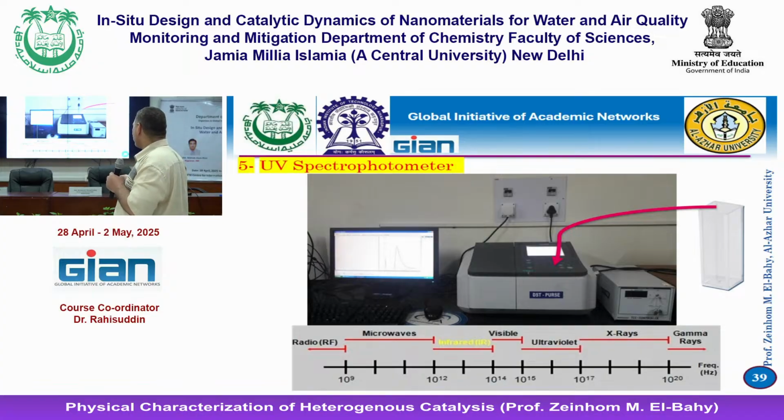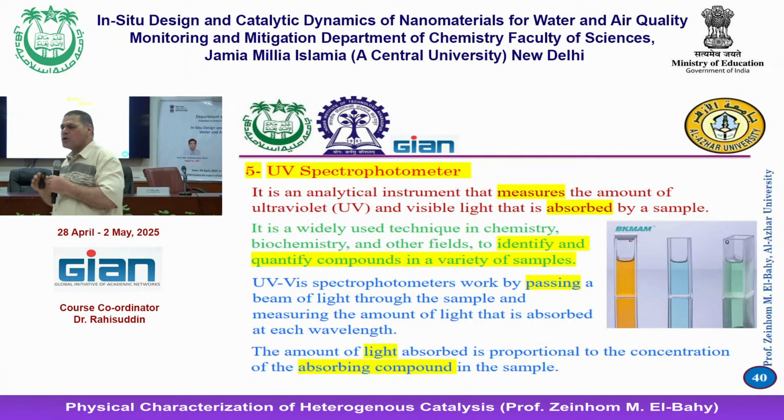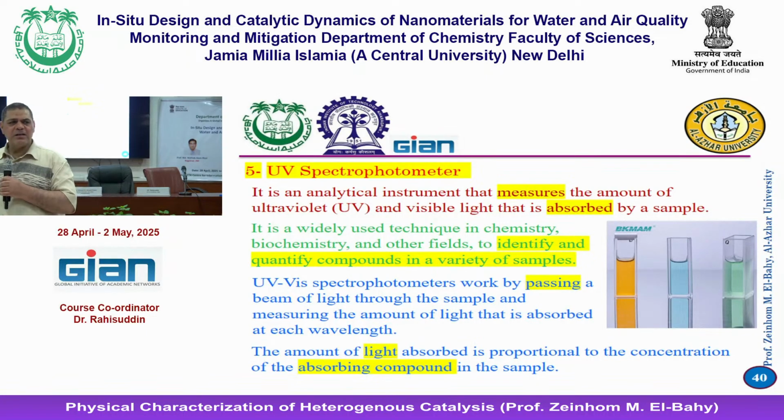This is the sample holder, the cuvette, which you put inside the instrument like this. This is the spectrophotometer. I think most of you know it and have used it.